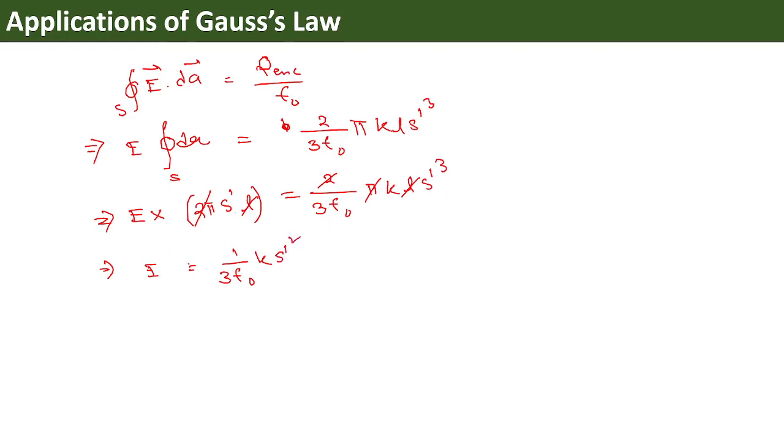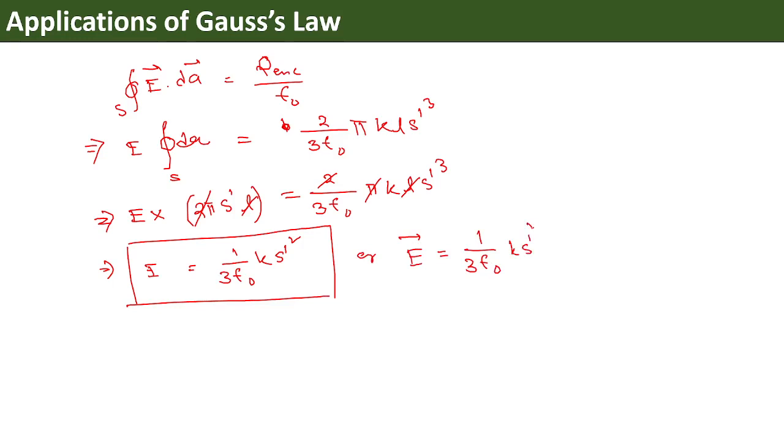So 1 upon 3 epsilon naught k S prime square. This is the magnitude form, or if you write it in vector form, you can write it as 1 upon 3 epsilon naught k S prime square along S cap, meaning along the direction of the radius vector. So that's how we can find it.